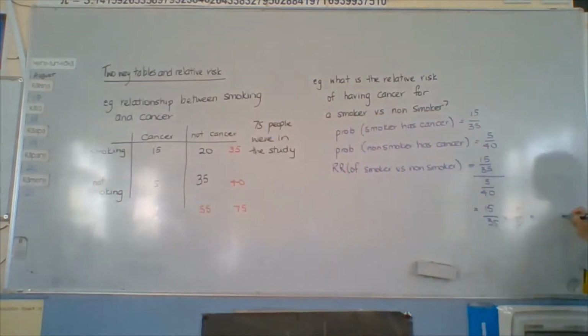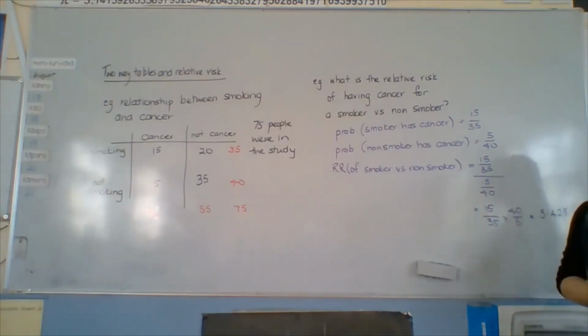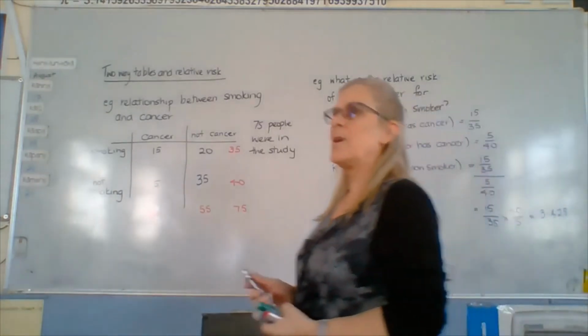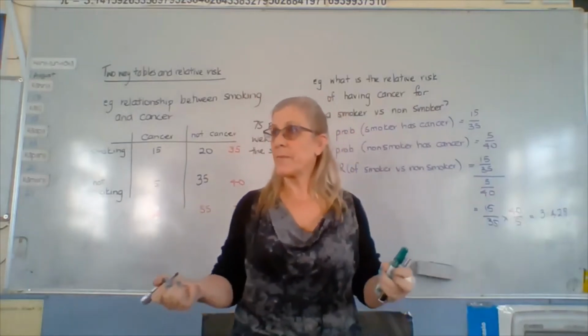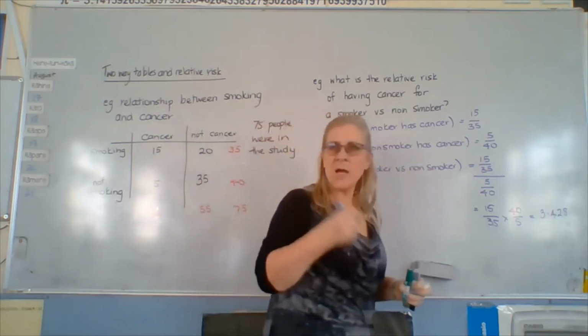Can you give me a decimal? 3 point, not quite 5. So what does that number tell us? What is our answer to this question? Good. It's that times more likely.